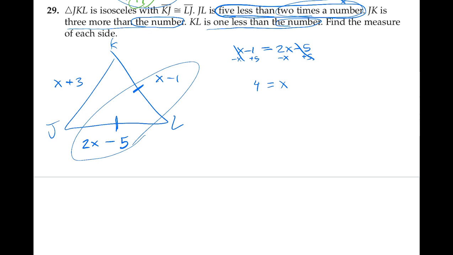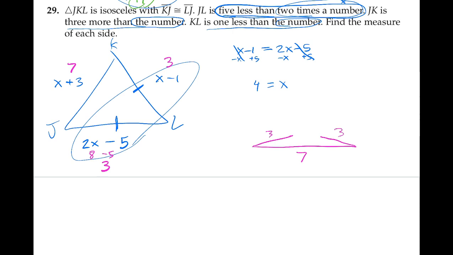So we plug that back in and let's see what we get. This would be 3. This would be 8 minus 5, which is 3. And then this would be 4 plus 3, which is 7. Now actually this is an impossible triangle, and we're going to investigate this in the future. If this is 7 long and I have a 3 and a 3, that only makes a total distance of 6.